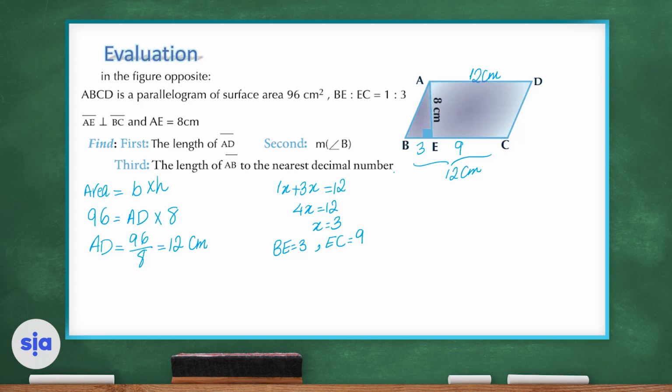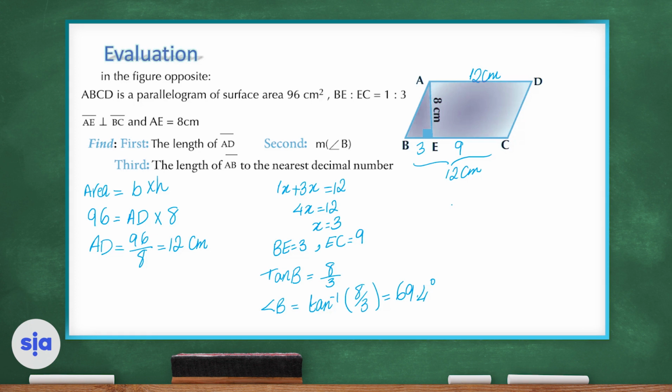So, in order to find the measure of angle B, we're going to say that tan B equals opposite over adjacent, then angle B equals the inverse of tan, or tan power negative 1, 8 over 3, which is 69.4 degrees.